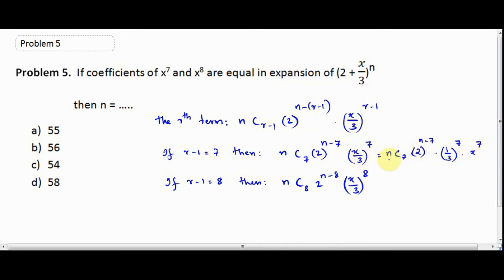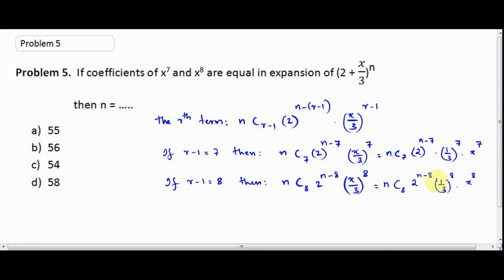So this is the coefficient of x raised to 7. Now this term can be expanded like this: nC8 2 raised to n minus 8 into (1/3) whole raised to 8 into x raised to 8.